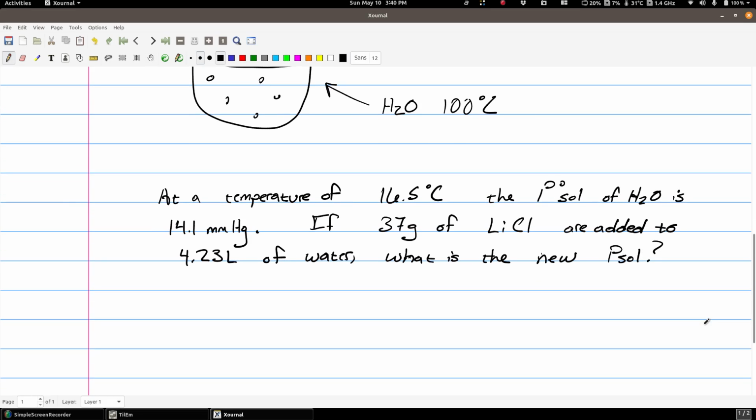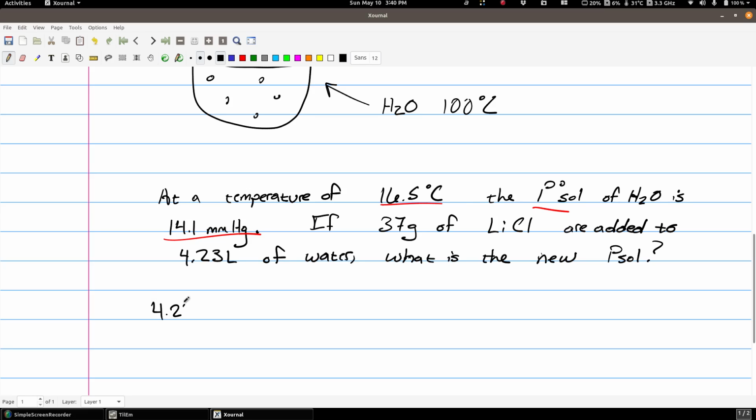There's a few things you have to do here. One, we already know that the vapor pressure of pure water is not changing because we're at this temperature. Now, you've been given a liter amount of water, and you're thinking, well, I can't change that to moles. Yes, you can.